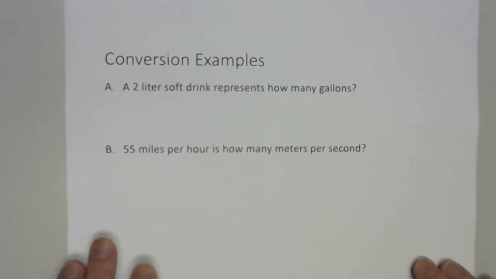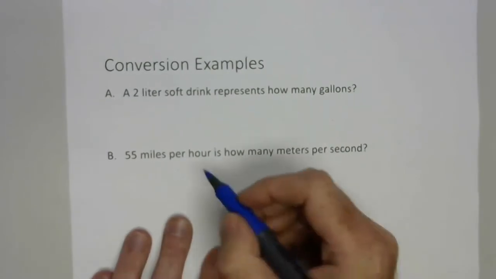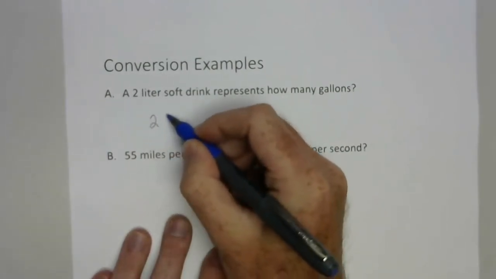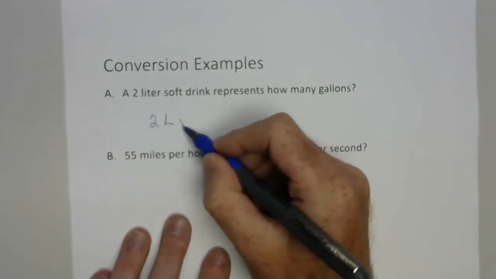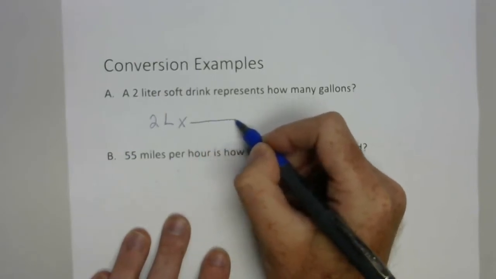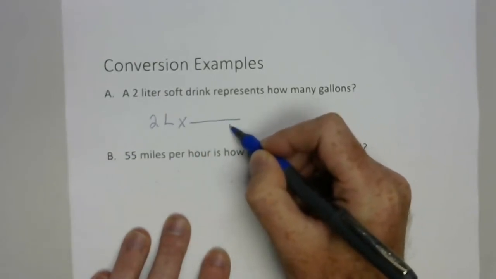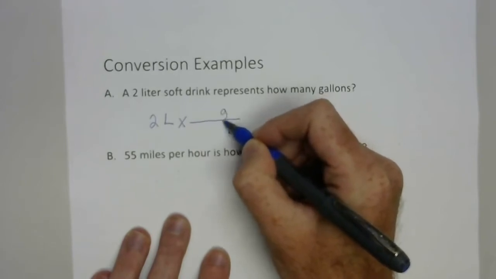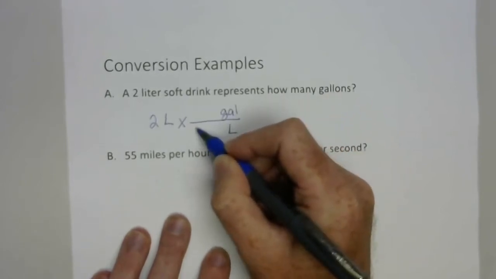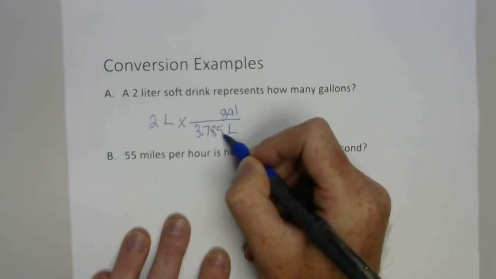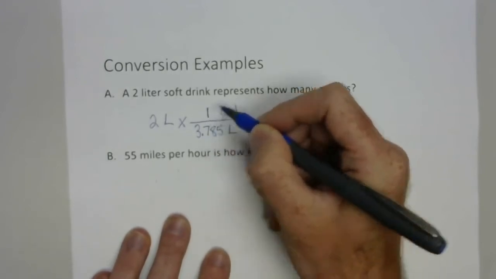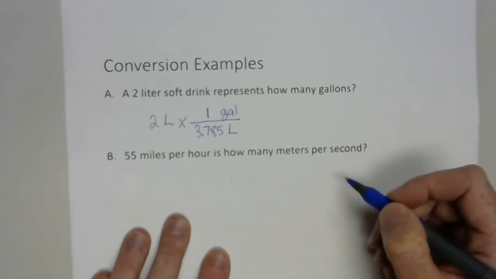Here's a couple more. If we get a 2-liter soda, and we can convert that to gallons, we do have a direct conversion on our list for that. So it turns out we put liters on the bottom, gallons on the top. There are 3.785 liters to 1 gallon.